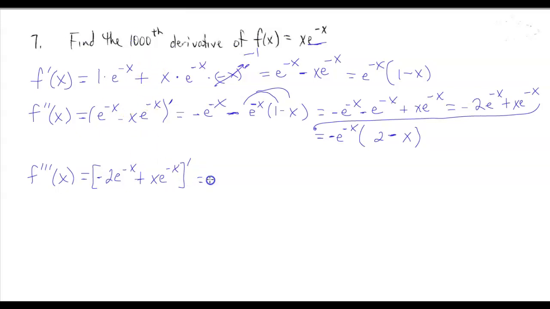And this will just be a -2 times, and again, we already know what the derivative of e raised to the -x is, so we'll just write it at this point. Again, we already know the derivative of x times e raised to the -x is all of this, so just rewrite. And then we'll simplify.